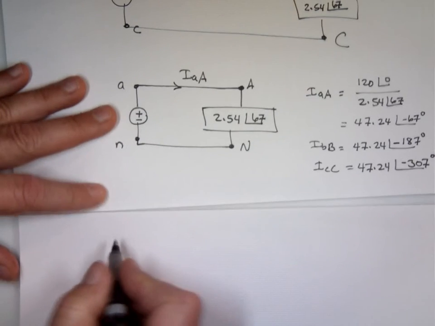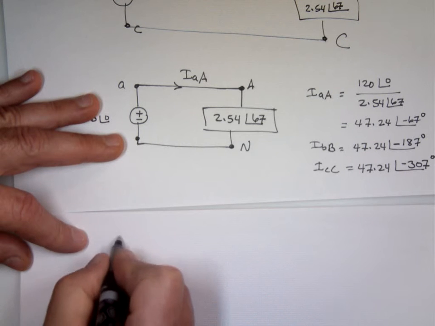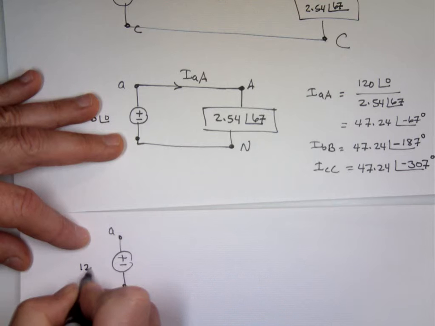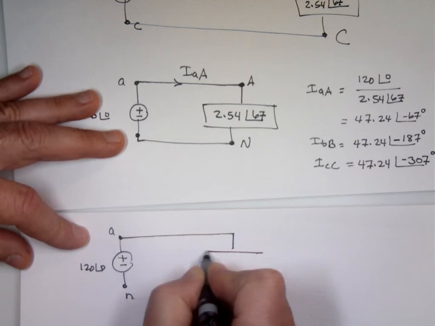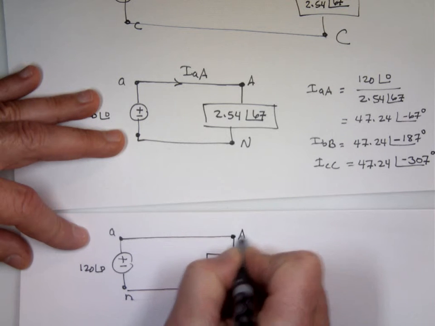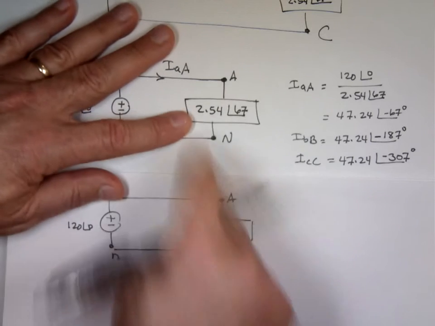Now, if I want to find the power delivered to the load, what's the average power? Yep. I need to know what R is. That load here, if I change it to rectangular instead of polar, remember it's 2.54 angle 67.